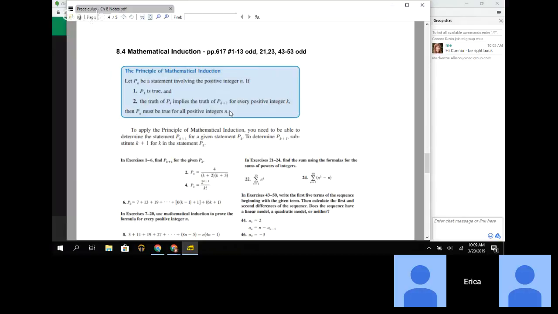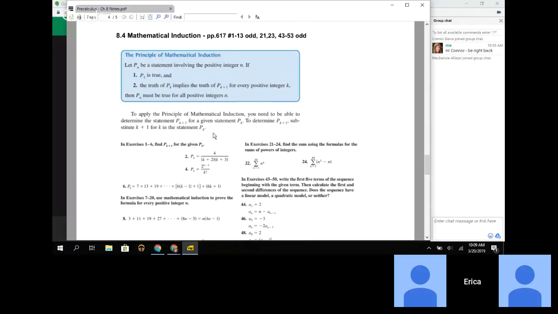All right, so mathematical induction is basically the idea, if I can explain it in the most basic way, is that if you can show for a series of numbers, a sequence of numbers, that the first number is true, which is pretty easy to do, and that every number after that follows the same pattern, then we can assume it is true for every number that keeps going out from that.